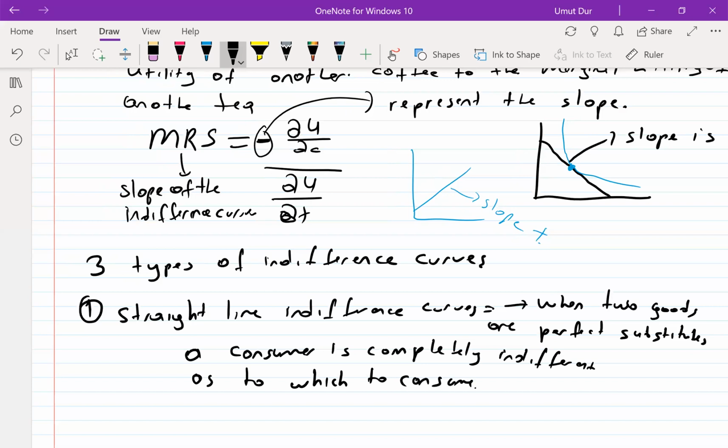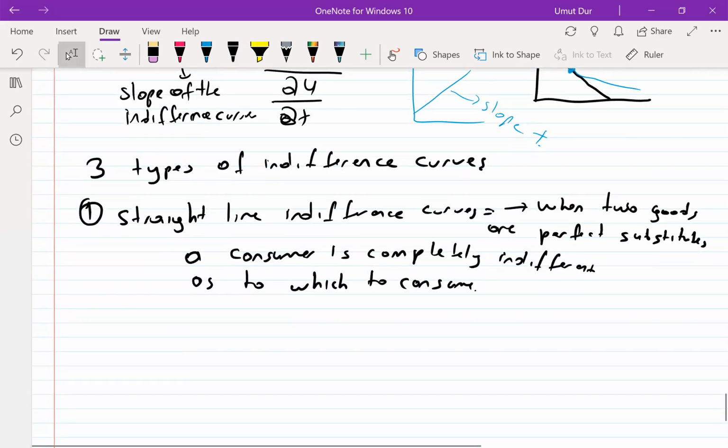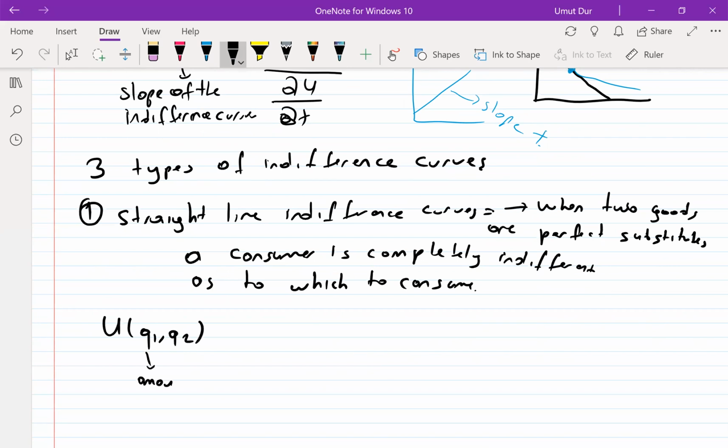This indifference may be in a different ratio, but basically the utility function that we will be using is, let's say that we have two goods here. This is the amount of good one, and this is the amount of good two.